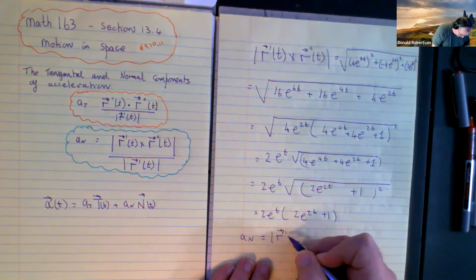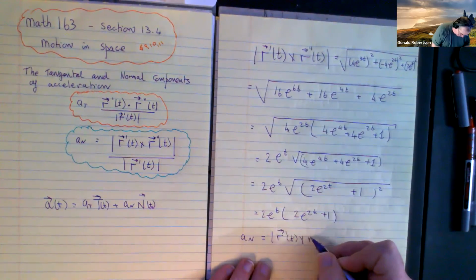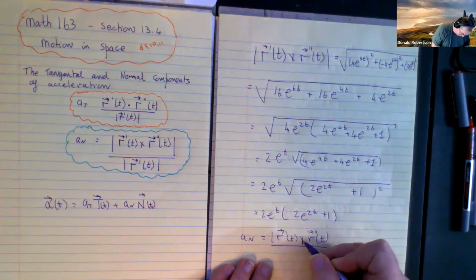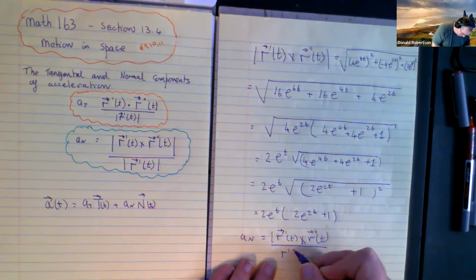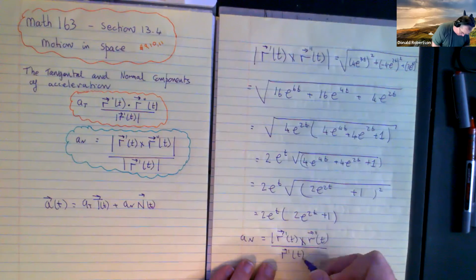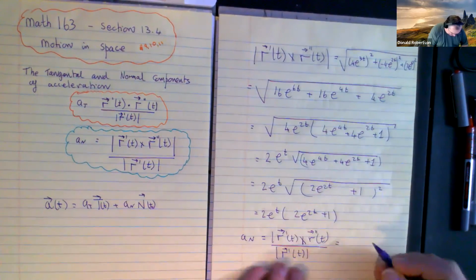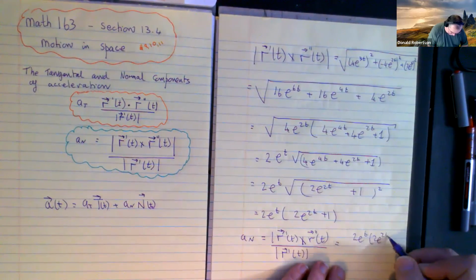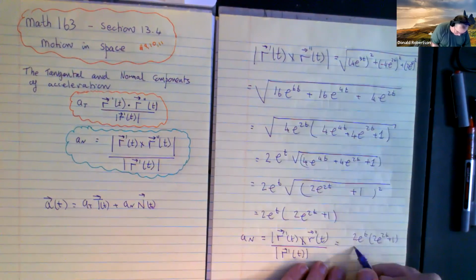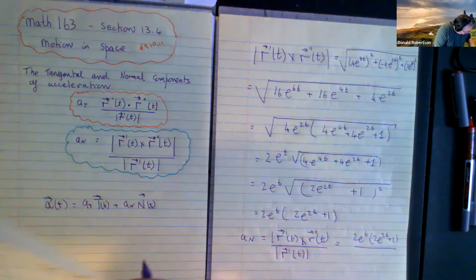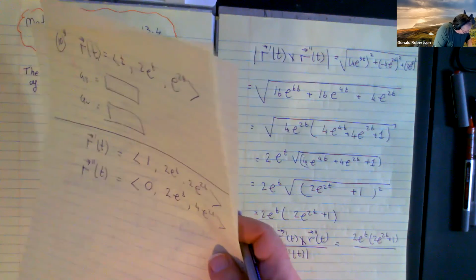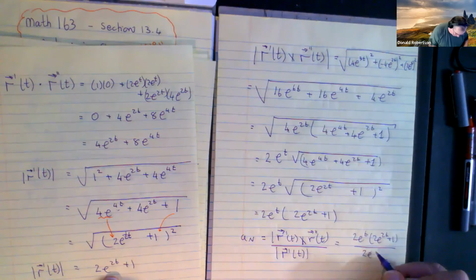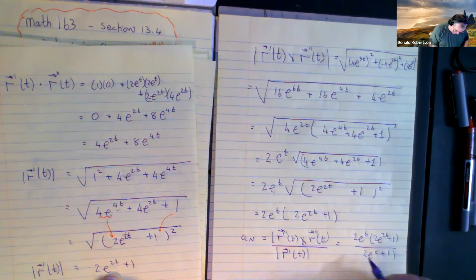It is the magnitude of the cross product of the first and second derivative, divided by the magnitude of the first derivative. And it's 2e to the t, 2e to the 2t plus 1, all over, somewhere or other, I found the magnitude of the first derivative, and it ended up being, oh, come on now, is that not nice?